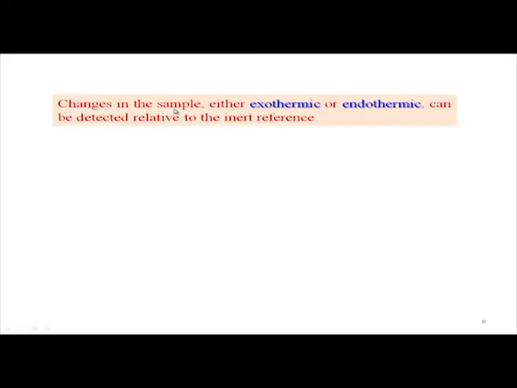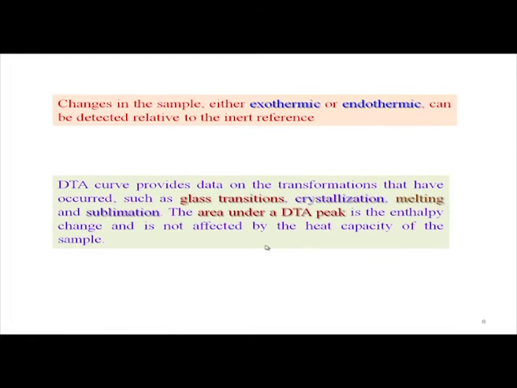So, any change of these samples, either exothermic or endothermic, can be detected relative to an inert reference material. So, what we see is that these DTA curves can provide data on several transformations. These transformations can be exothermic or endothermic, such as glass transitions, crystallization, melting, and sublimation.